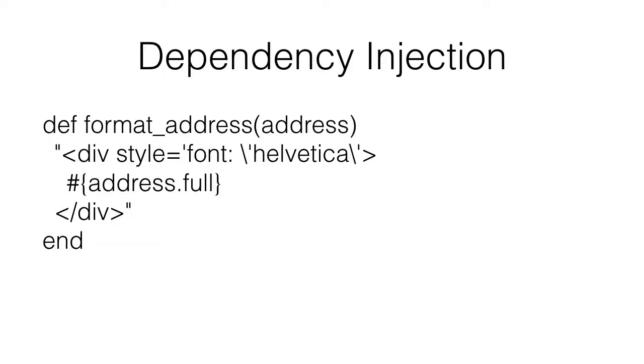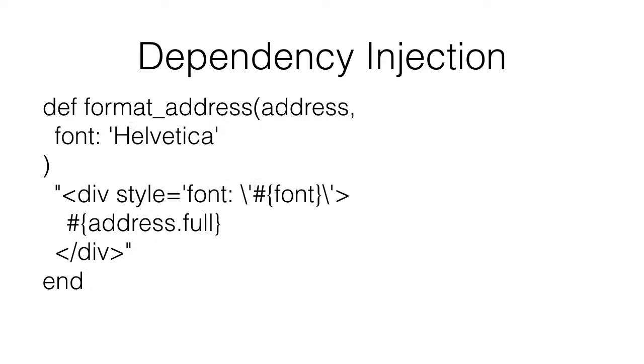So if I have this somewhat curious formatting function that outputs some HTML, and notice this is written in old style, this is a positional args function. And someone comes to me and says, this is great, but now we have a part of the application where we need to be able to supply the font. And you've got 17 different places in your code where you're already using this function. What do you do? Well, you add a keyword arg with a default value.